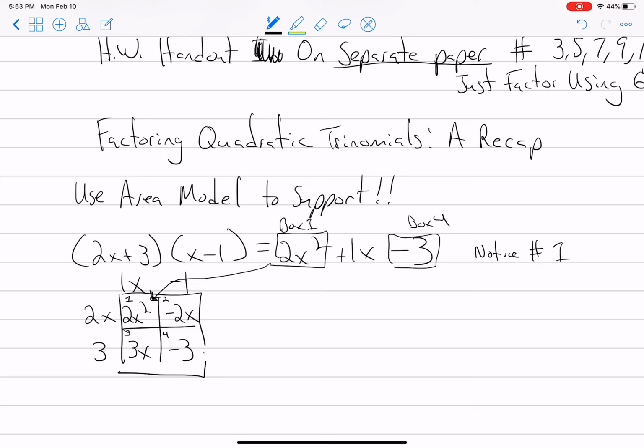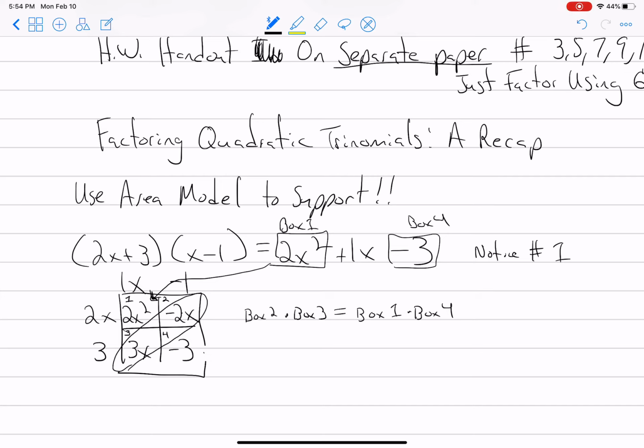Okay? Now notice about box 2 and 3. Look at box 2 and 3 here. You don't need to circle them, but look at box 2 and 3. Notice that box 2 times box 3, this is negative 6x squared, is the same as box 1 times box 4.